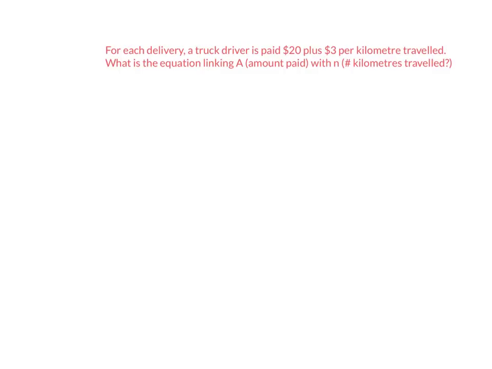That is a variable because it will change from delivery to delivery. So we have that the amount paid will be $20 plus $3 per kilometre. We've just rewritten these words into a mathematical equation. So that part of it was easy.